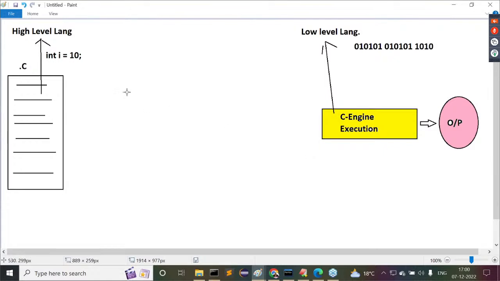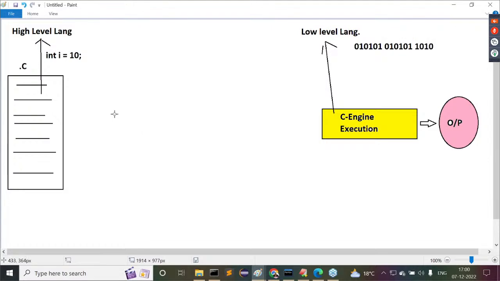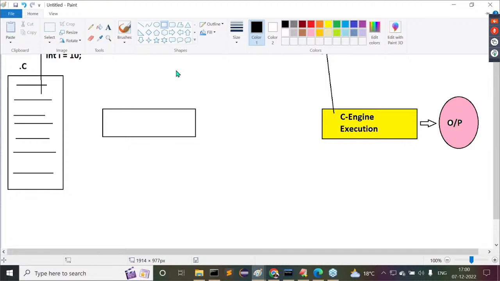In the outside world, this type of process is available. We can translate the program from high level representation to low level representation. That is possible, that we can achieve.